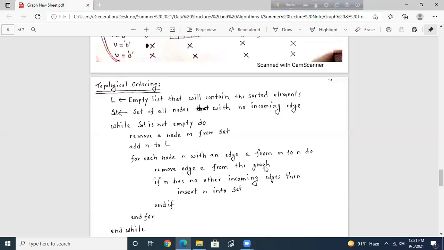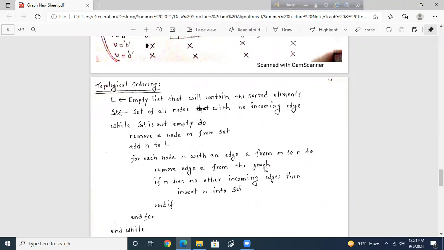When you go to the university, you maintain some order. So in our practical life we follow some orders, and one thing you have to complete before another thing. So that is the topological order.